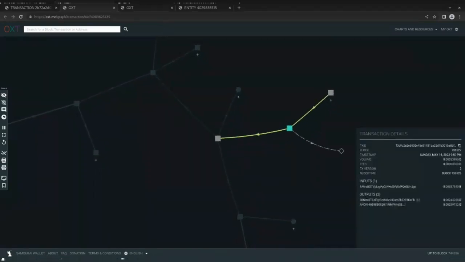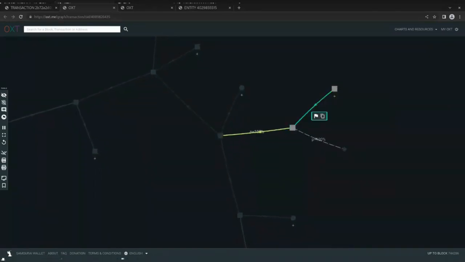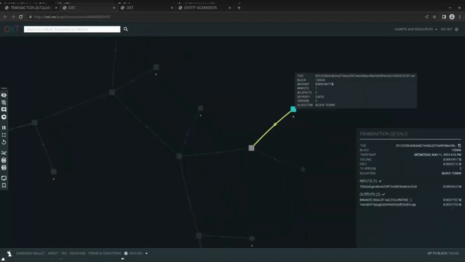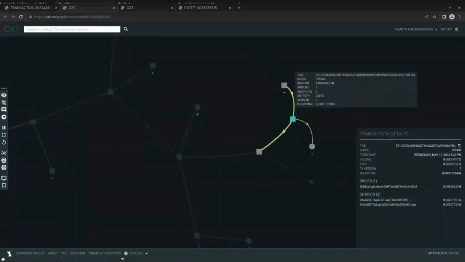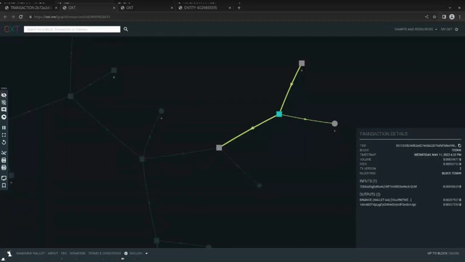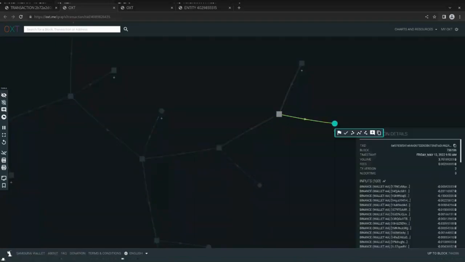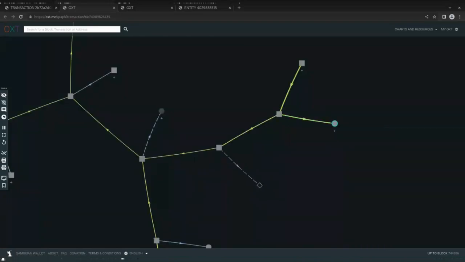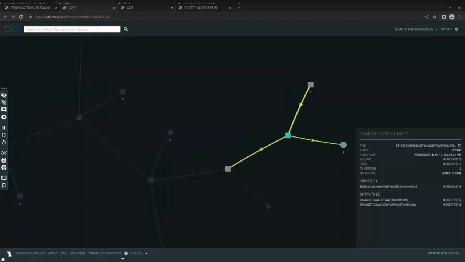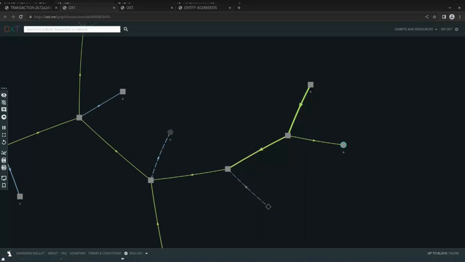Again, only a single input here, so no real decision to make. This transaction is a spend to Binance. So we're going to mark this because this is pretty bad. And we'll continue with this graph traversal first, but we'll revisit that Binance address in a bit.